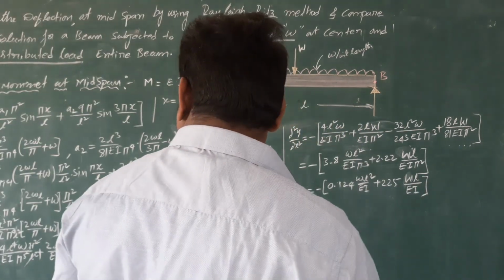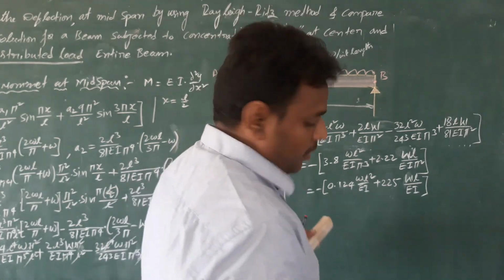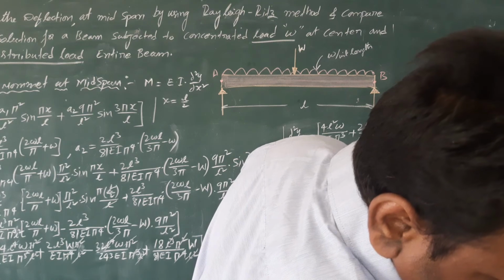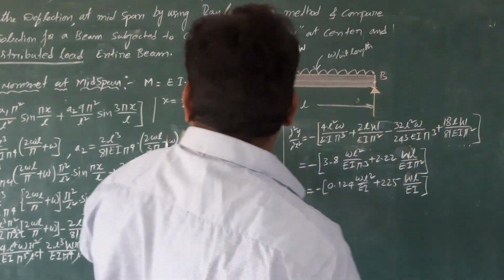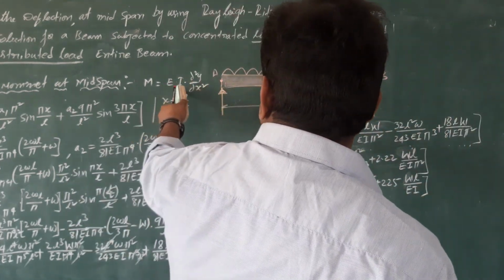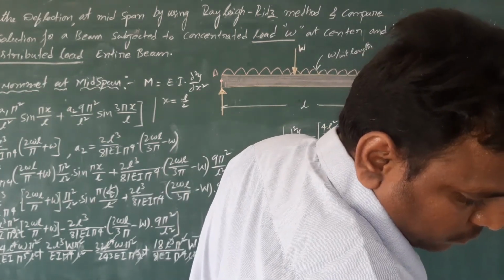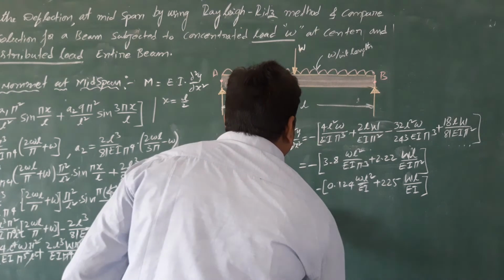Okay, you are like this. Substitute this dou square y by dou x square value in this equation, then we will get the maximum bending moment.